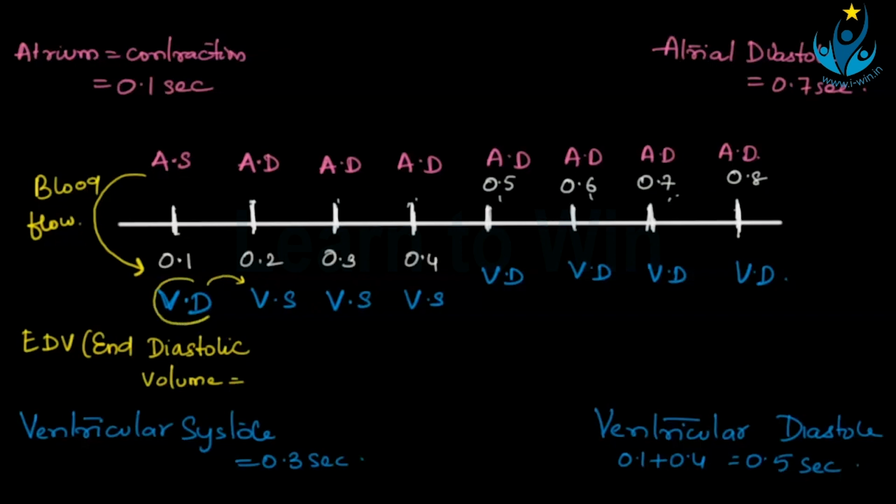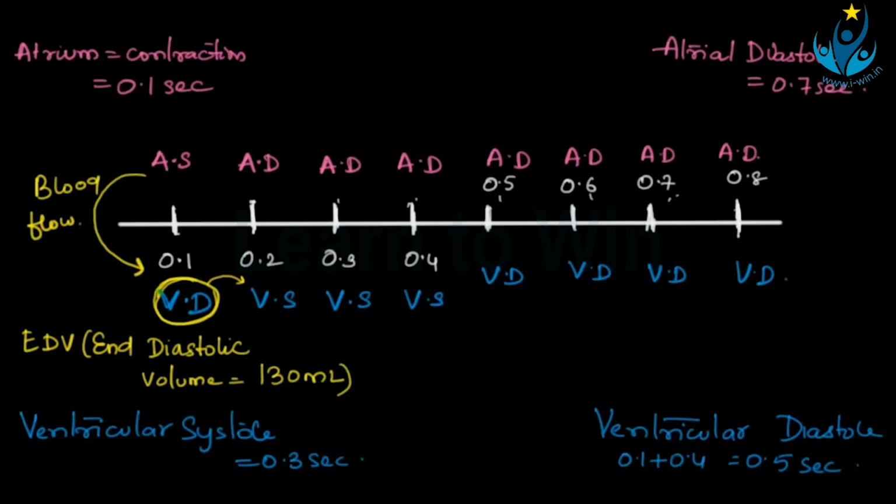Before it moves into the systolic phase, the amount of blood present at the ending phase of the diastole of the ventricle is the end diastolic volume, which is somewhere around 130 ml. Right.